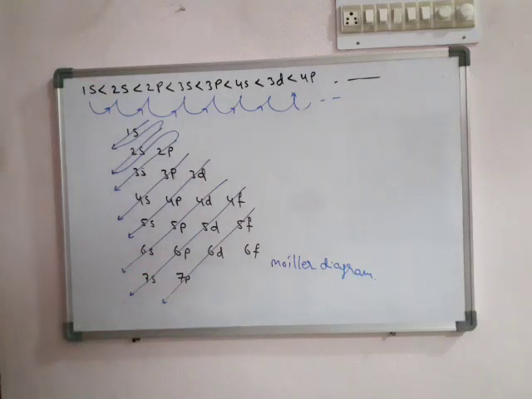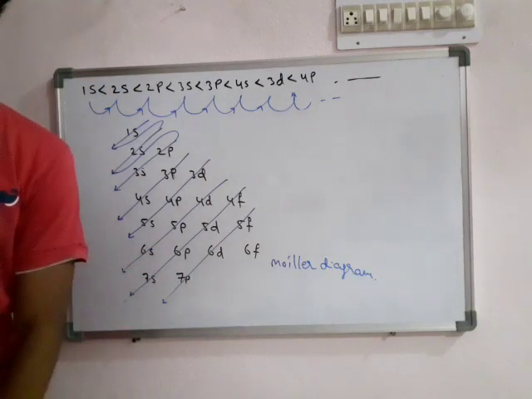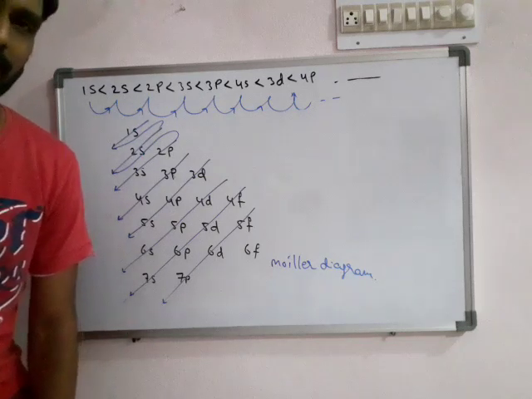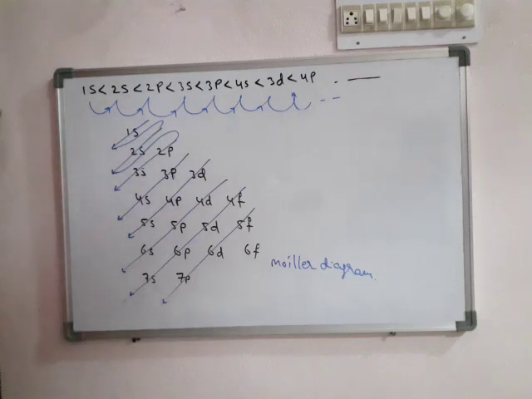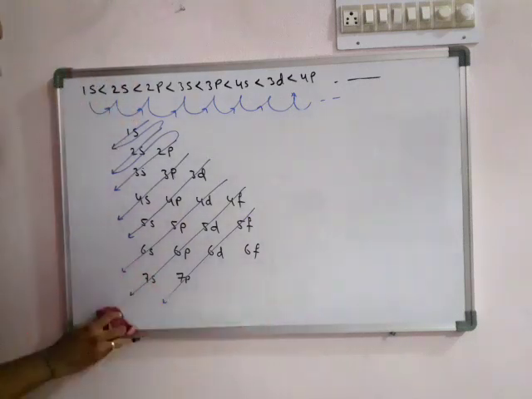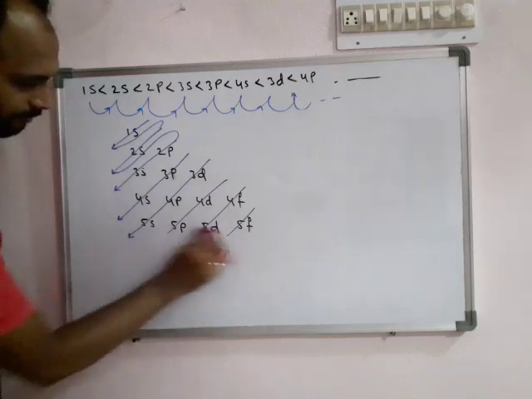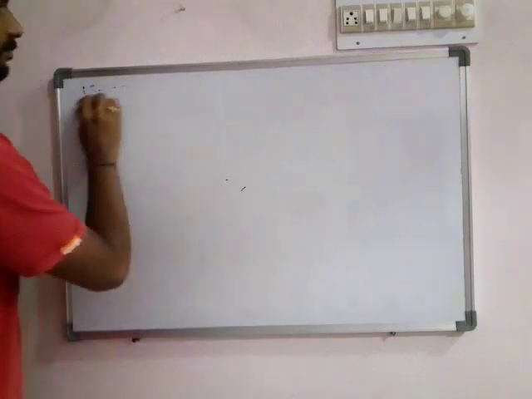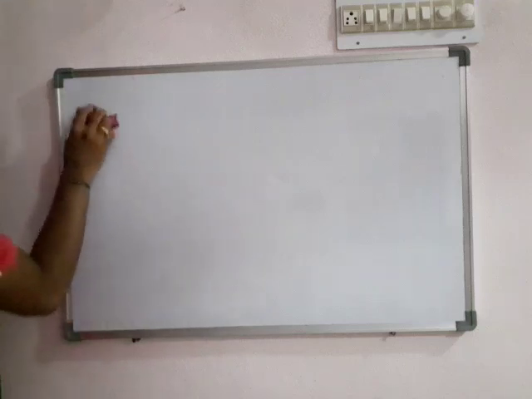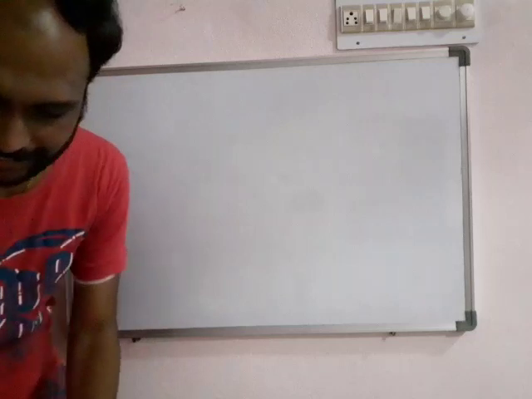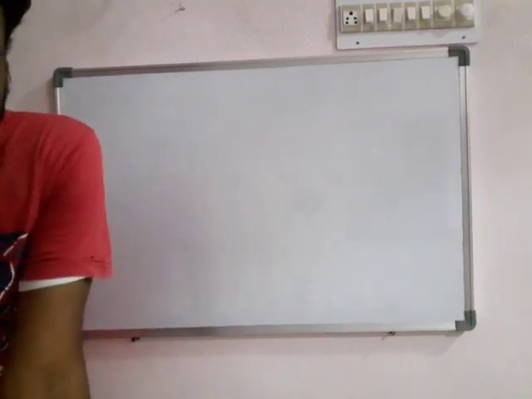Okay, so this is the main principle in the filling of orbitals with electrons. Now we see other principles involved in writing of electronic configuration.